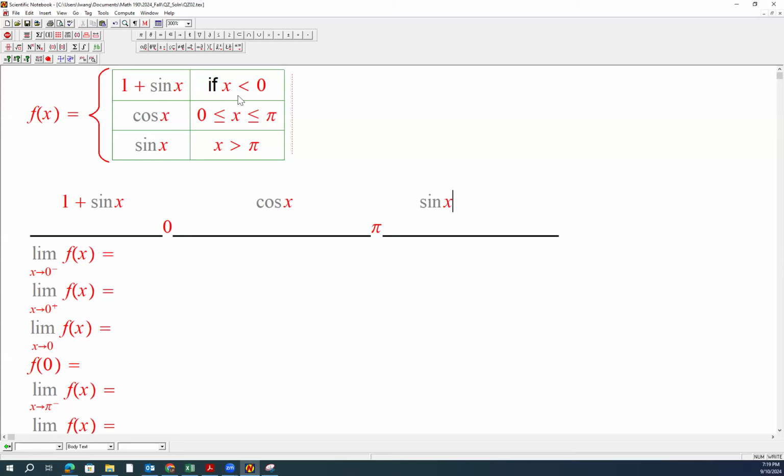How about the points in between? How about the point 0, for example? When x equals 0, you can see this definition shows that we're going to use the second rule. If x equals pi, we're going to use the second rule. For x less than 0, not including 0, you're going to use 1 plus sine x. For x greater than pi, not including pi, you're going to use sine x.